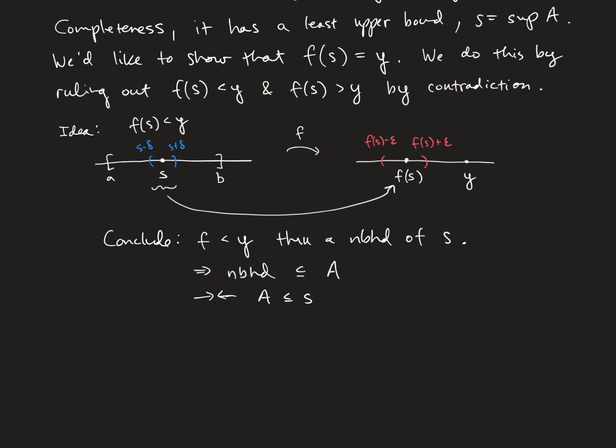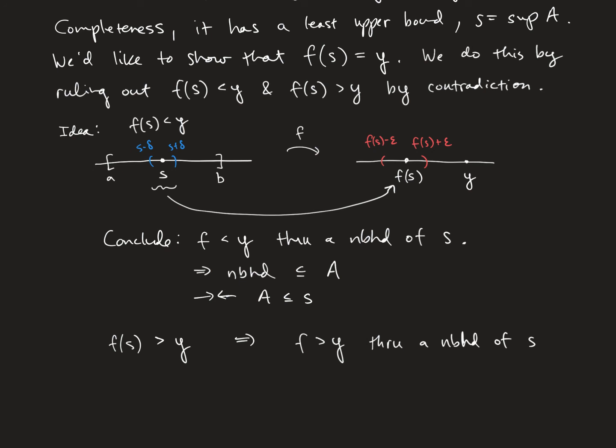And there's a similar idea for f of s greater than y. If f of s is greater than y, then there's going to be a little neighborhood, so this implies that f is bigger than y throughout a neighborhood of s.